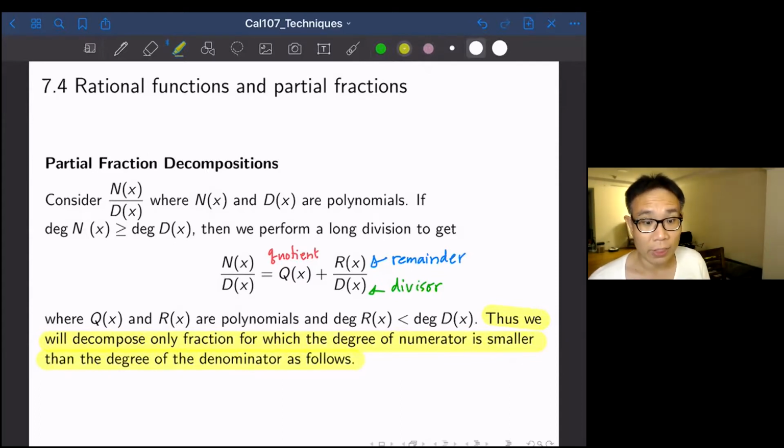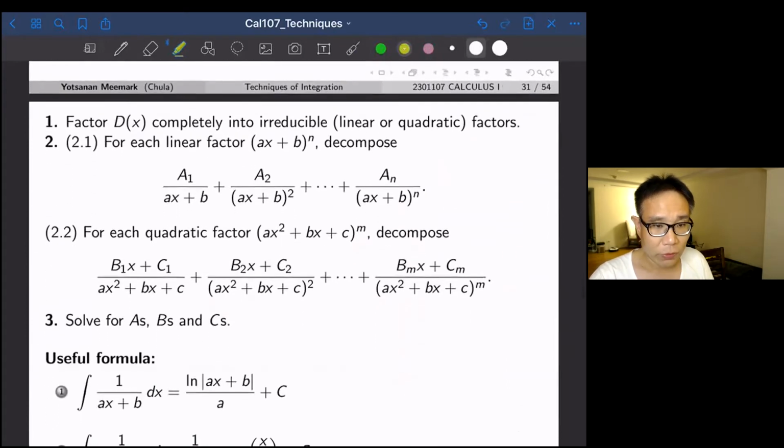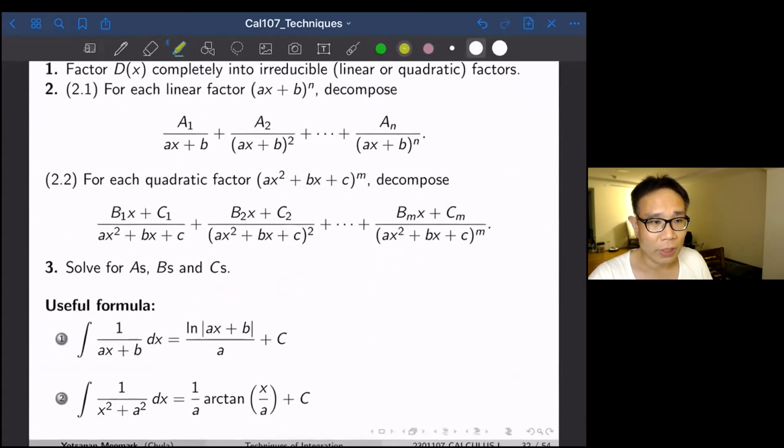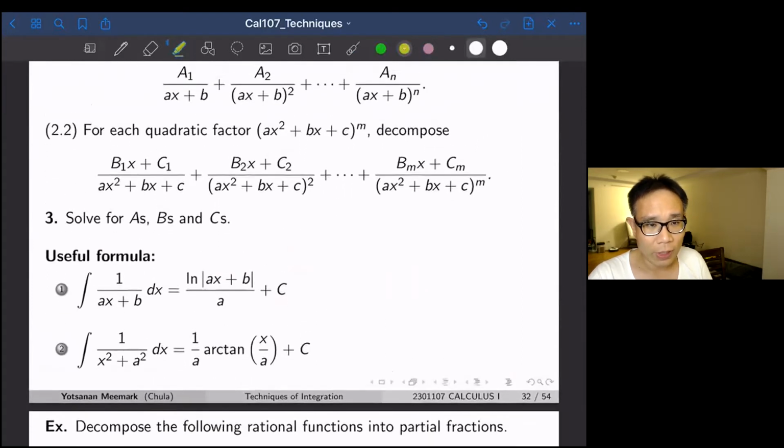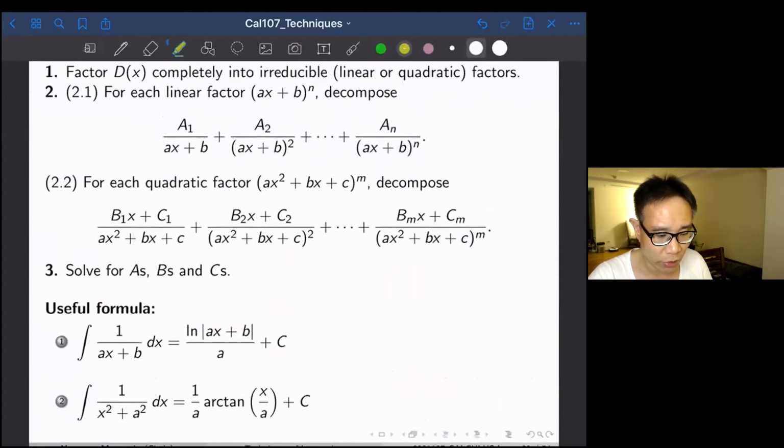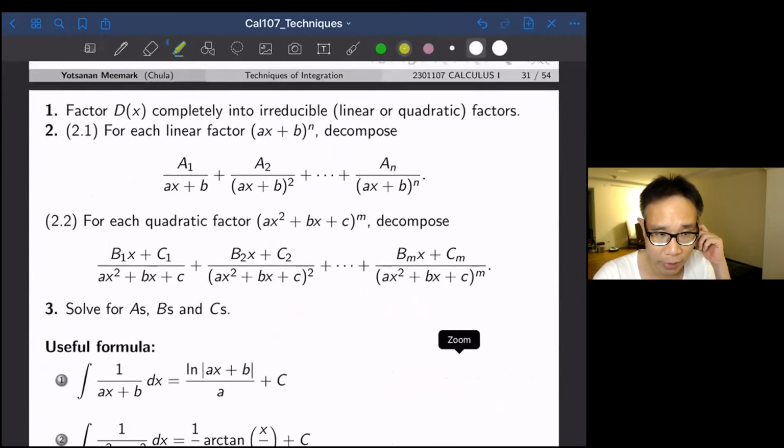This is the thing we're going to try to decompose: the partial fraction of a rational function whose numerator degree is smaller than the denominator degree only. If you would like to find the partial fraction decomposition, it consists of 3 steps. The first step is to factor d(x) completely into irreducible factors.